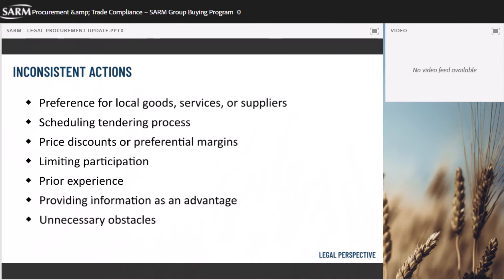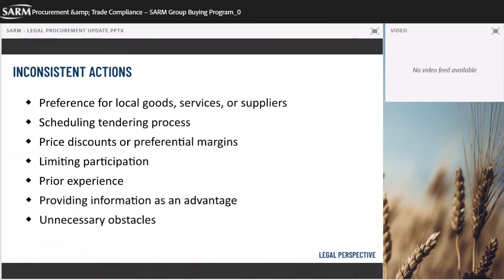Now, prior experience, that's a strange one. If it's not essential to meet the requirements of the procurement, then you can't require the prior experience. Of course, with certain service industries, you're going to require that prior experience and require references, but this is with respect to those types of procurements where it doesn't really matter whether a party has had prior experience or not.